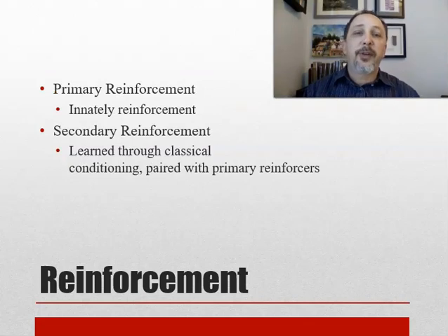Now, there's two types of reinforcers, primary and secondary. Our primary reinforcers are things that are innate. So what is going to reinforce you every time and you're going to want it, right? Usually for almost everybody, there's some food item that you just love, and it's a very positive thing.